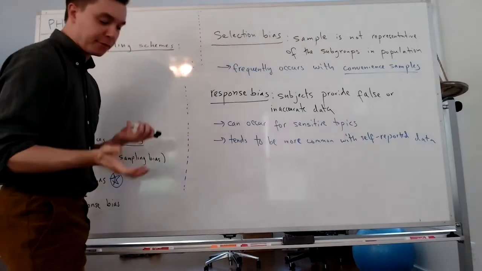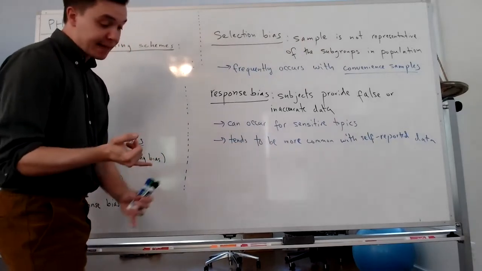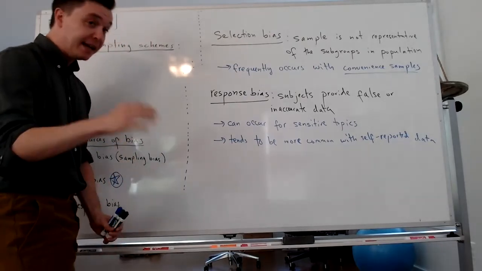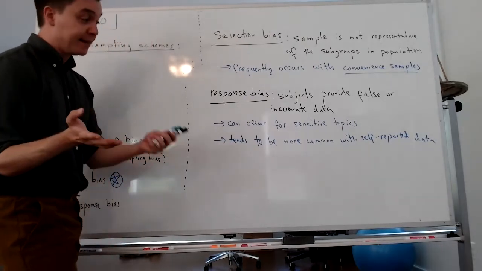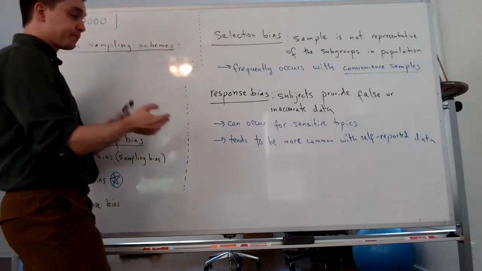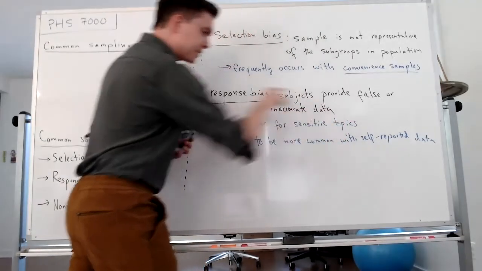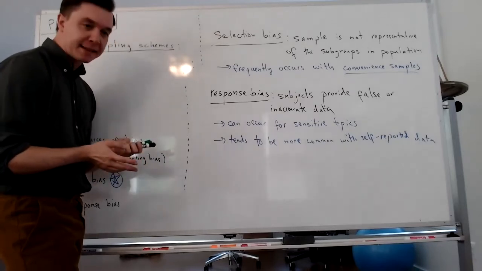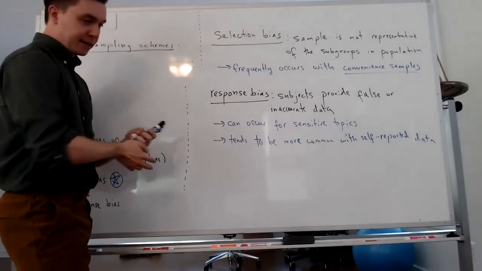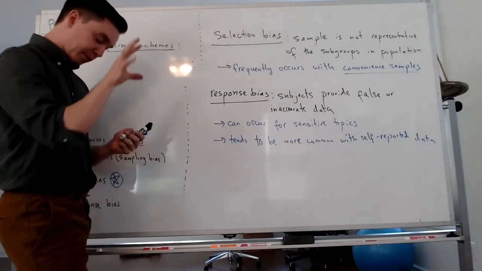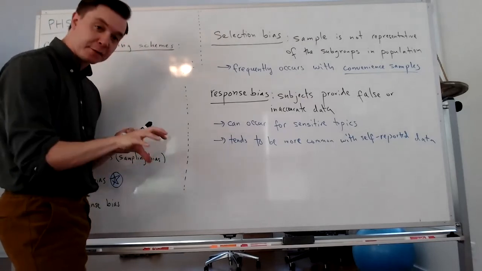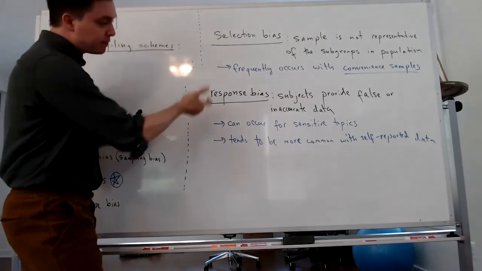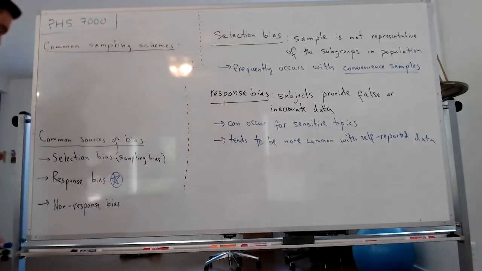Actually taking measurements, if we're interested in BMI, taking measurements of height and weight, for example, so that we can compute our own BMI, not asking people to provide self-reported height and weight. And if we're interested in sensitive topics, then we have to follow guidelines that are outside the scope of this class, that are subject specific and field specific to minimize response bias as much as possible.